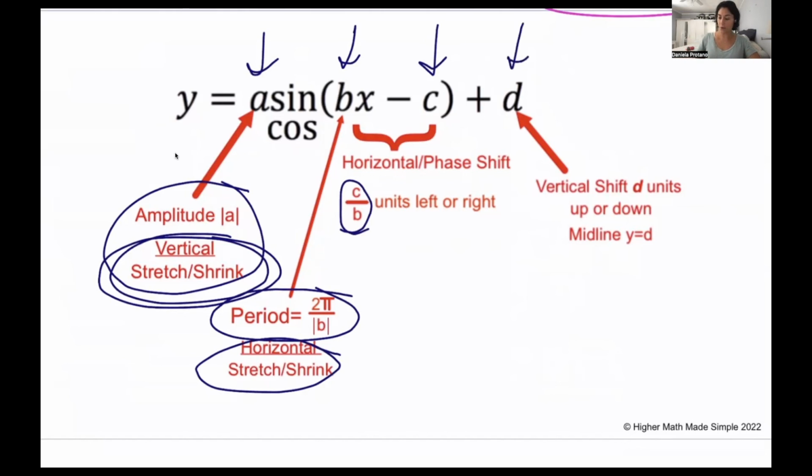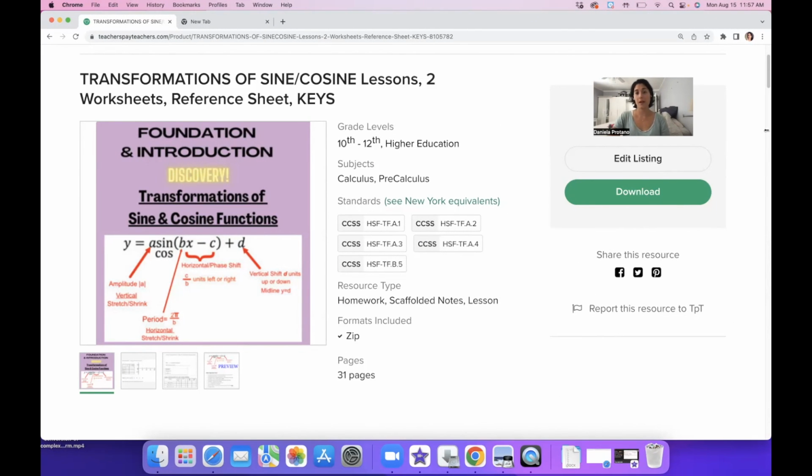And the d value is going to be, if it's a number other than 0, it is going to shift d units up or down. And at the same time, it's also in the midline formula. So whatever the d value is going to be the equation of the midline as well. So I hope you have a clearer understanding on all the different types of transformation of trig functions.